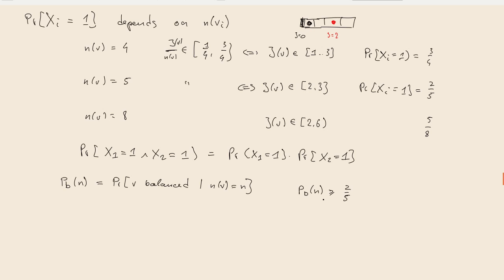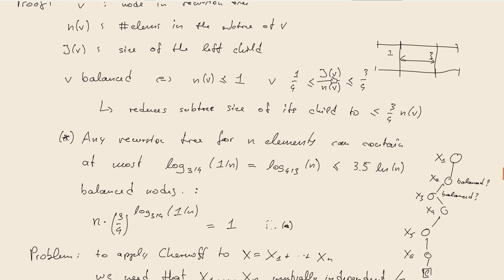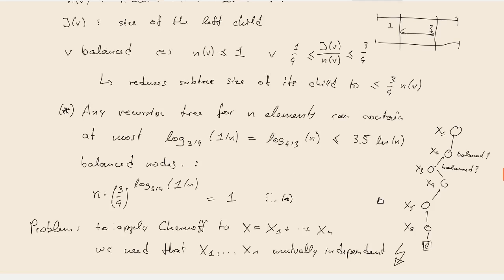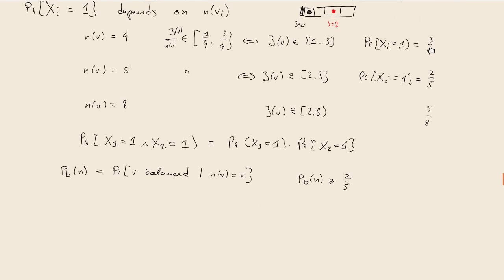And in the limit, this probability should be 1/2, because it's exactly half of the values of j that we regard as balanced in the limit. And then that means that the differences from this limit go down, so you only have to check the first few values to find the smallest one. So that's at least something for all n greater or equal to 1. That's at least a good thing. We can lower bound the probability for a balanced node.